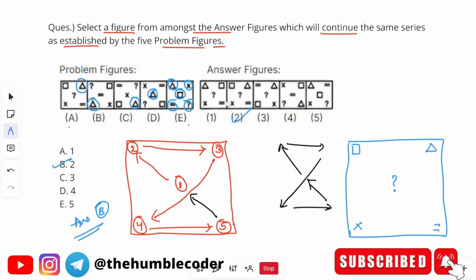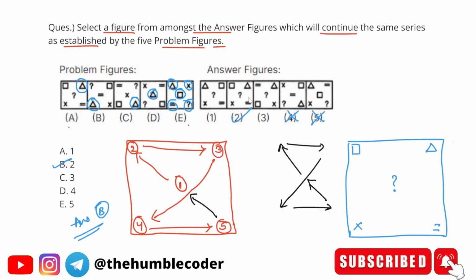The question mark will be in the center. So you have to see all the diagrams where the question mark is in the center, and the rest you can directly cut off. And then out of these 3, if you see that the question mark is coming in 3, then you need to take one more character. Then you will further solve it. So in that way, by eliminating the options also, you can reach the final answer, or the other way is how we have solved it.